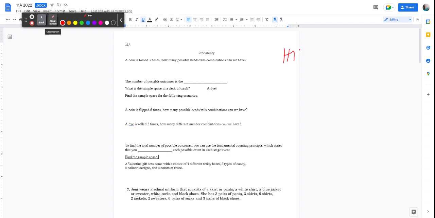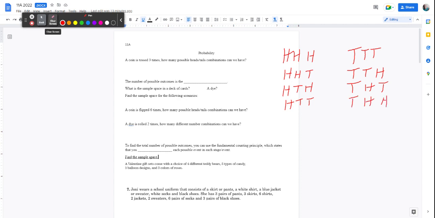So we could have heads, heads, heads; heads, heads, tails; heads, tails, heads; heads, tails, tails. Then we could have tails, tails, tails; tails, tails, heads; tails, heads, tails; and tails, heads, heads.